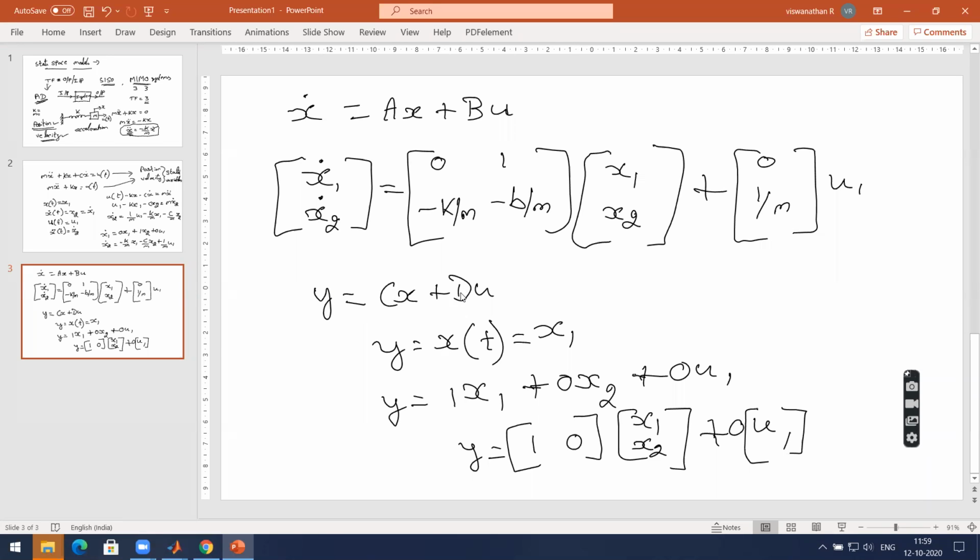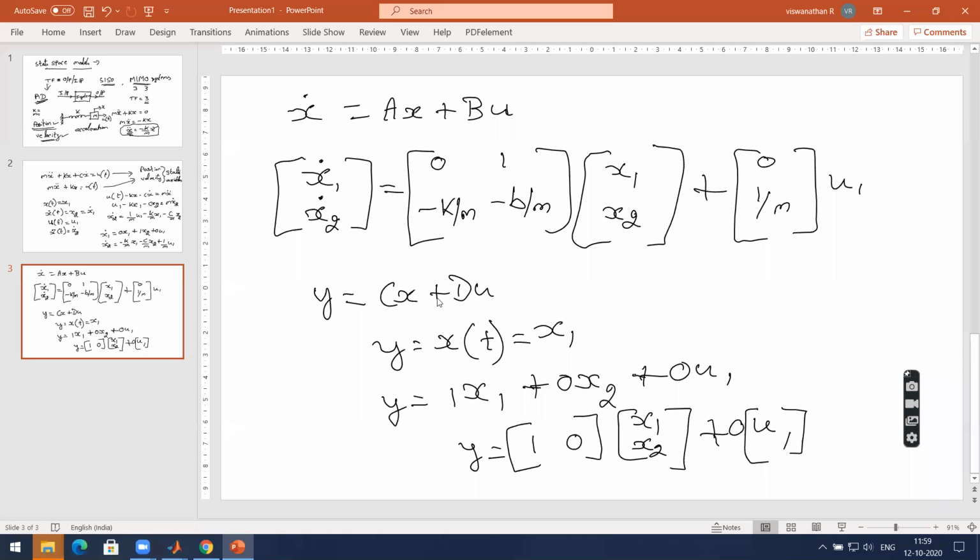What D tells us: D consists of the feedback terms. If you use a closed loop system, then there will be D terms, and how the input is going to affect the output. Feedback affects the output, right? So that information will be in the D matrix. For now, it is 0.